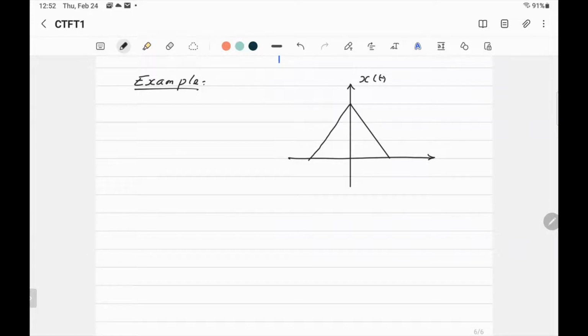And let's define it like that. Tau over 2. I'll just make it similar to the rectangular pulse. This is a triangular pulse. Negative tau over 2, and the amplitude is 1. How will we write it? We'll agree about the way we say this is the triangle pulse, tau of t.